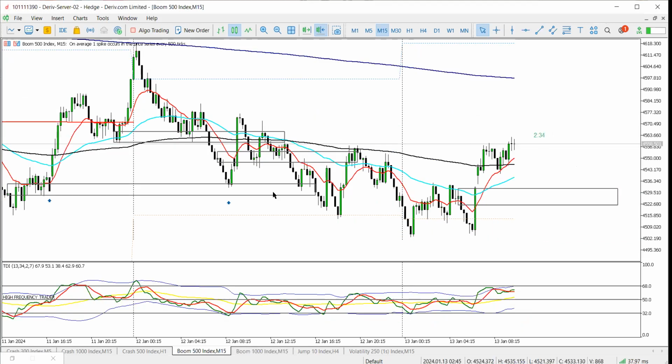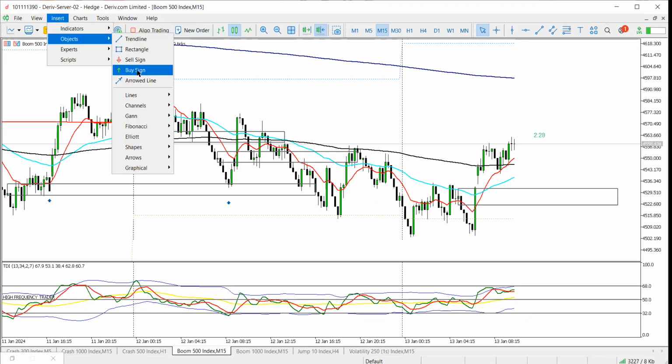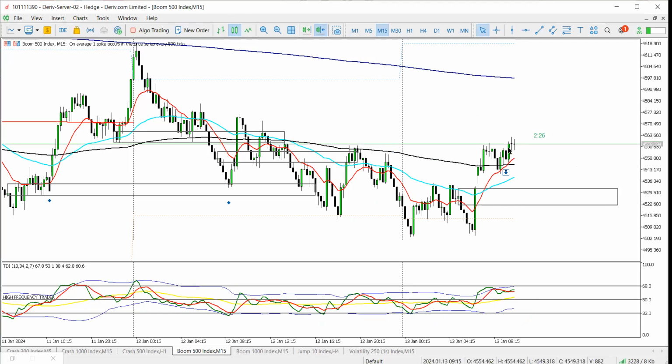Okay, B5, I've got one position. Let me see my exact price, but it's somewhere in there. And I've got a buy limit right here. Let me quickly check.